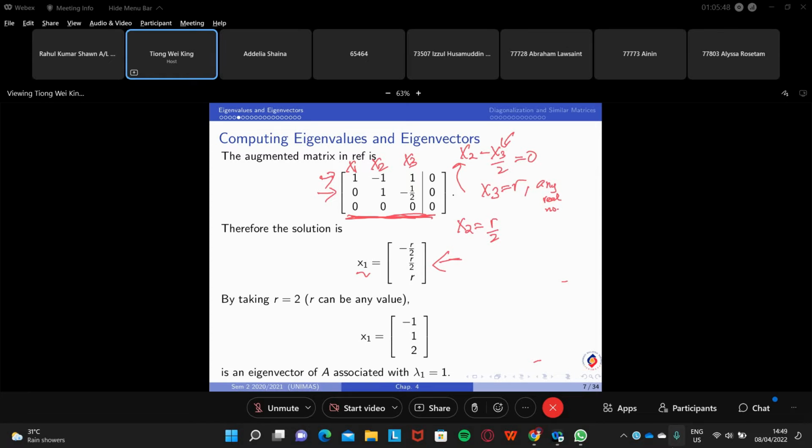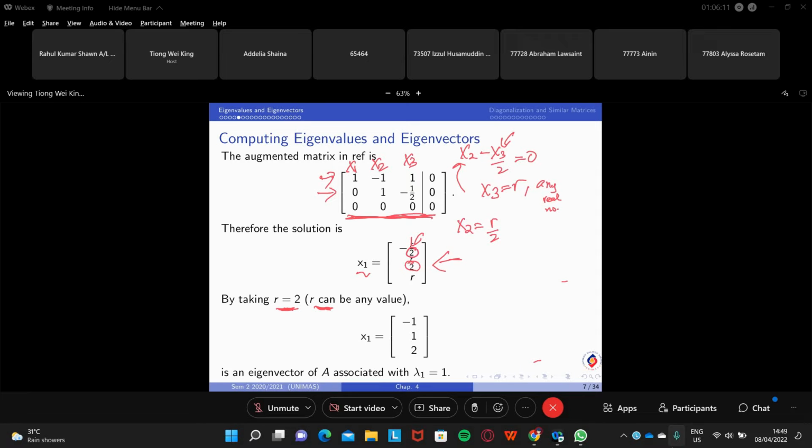Now, once you have this, because for one eigenvalue we have an eigenvector, the eigenvector must be in value form. It cannot be in r form. So what we do is take r equals 2, but in fact r can be any value. Why do we choose r equals 2? Because there's a fraction, over 2, here.